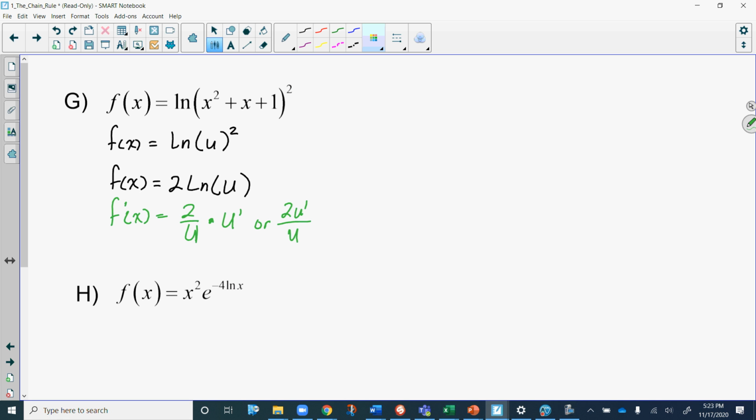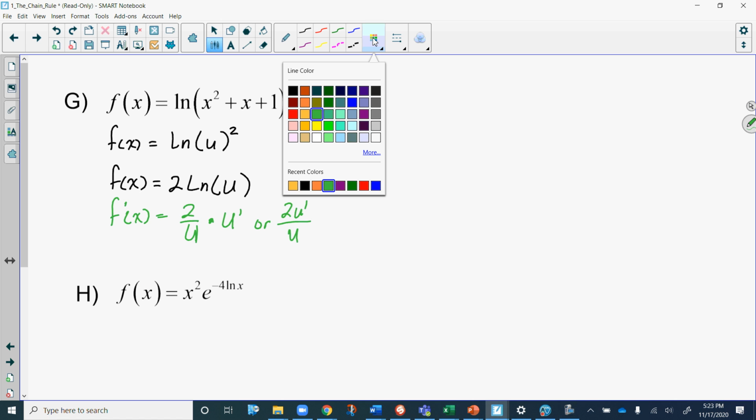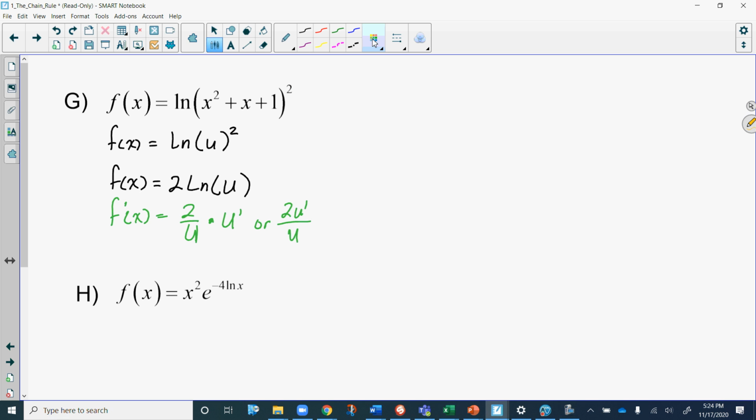Now, this is what we do in U substitution: we just have an aside. Off to the side somewhere, we're going to say U, in this case, is all of the stuff that's inside of this parenthesis. That is what we're looking at as U. So U was the x squared plus x plus 1.